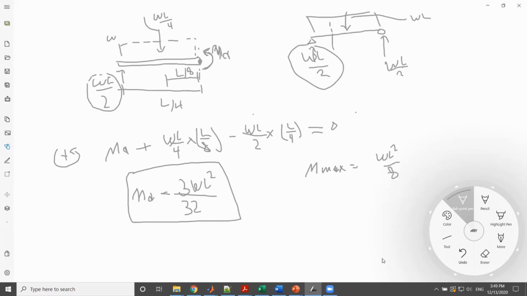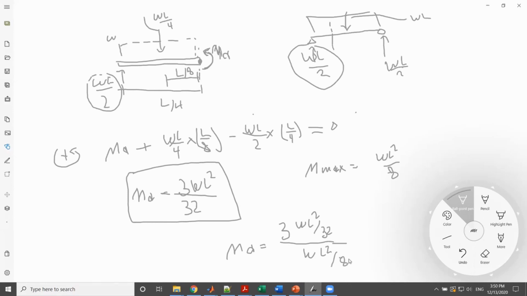over 8. Now, if you want the ratio of MA to M max, you would basically take MA, the whole term, 3WL squared divided by 32, and divide it by the maximum moment, WL squared divided by 8.